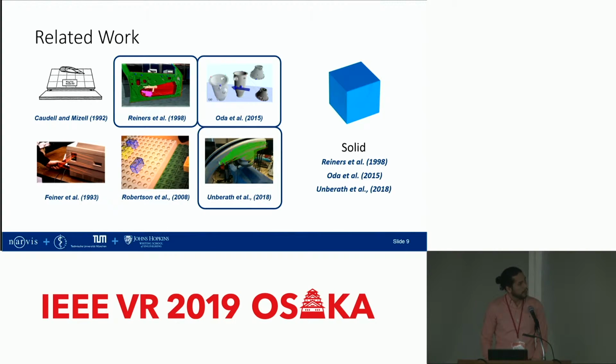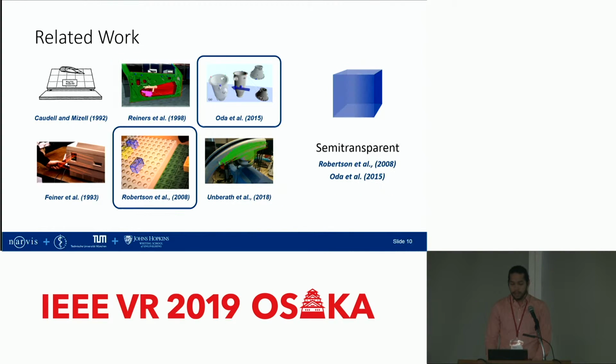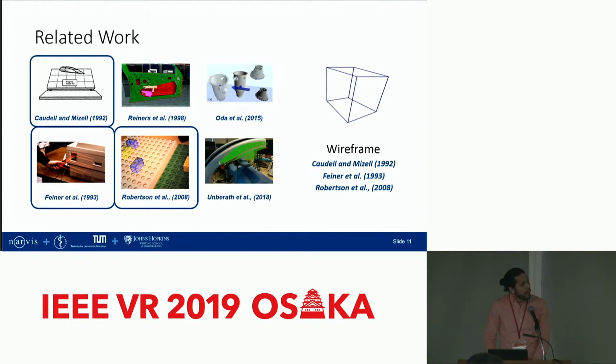One of these is rendering the virtual objects as a solid object, or they can use a semi-transparent representation that provides the user at least a better visualization of the object that is behind, or a wireframe.